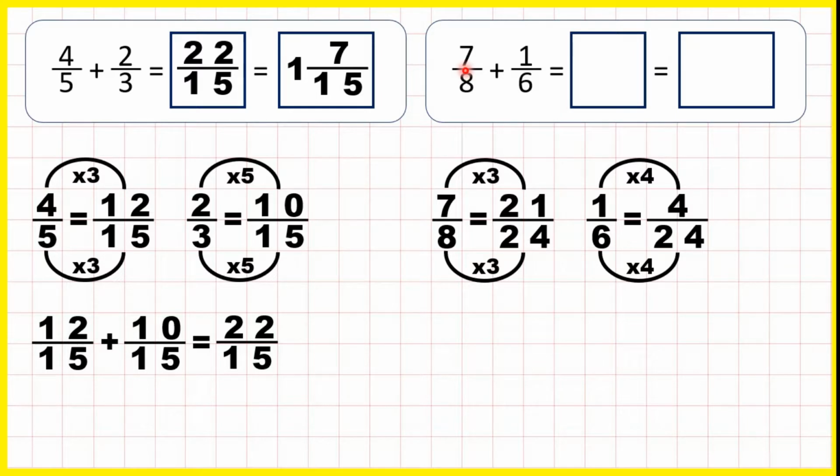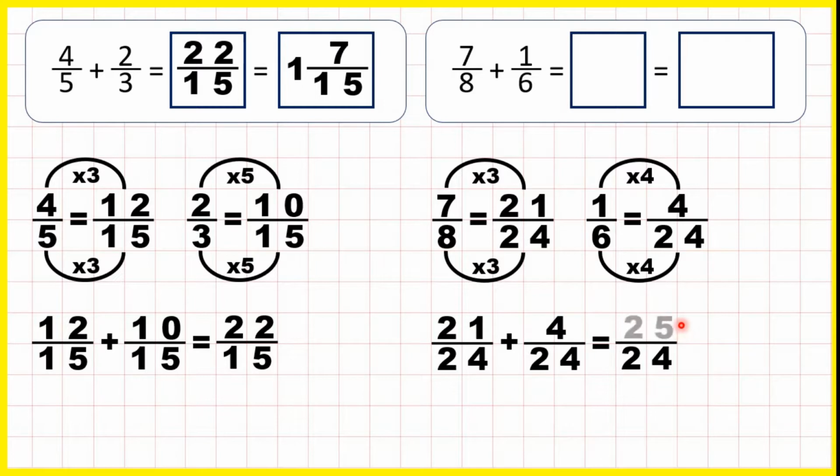So instead of 7/8, we can write 21 over 24, and instead of adding 1/6, we can add 4 over 24. The denominator stays the same in our answer, and 21 plus 4 is 25. So as an improper fraction, our answer is 25 over 24, and as a mixed number, we write that as 1 and 1 over 24.